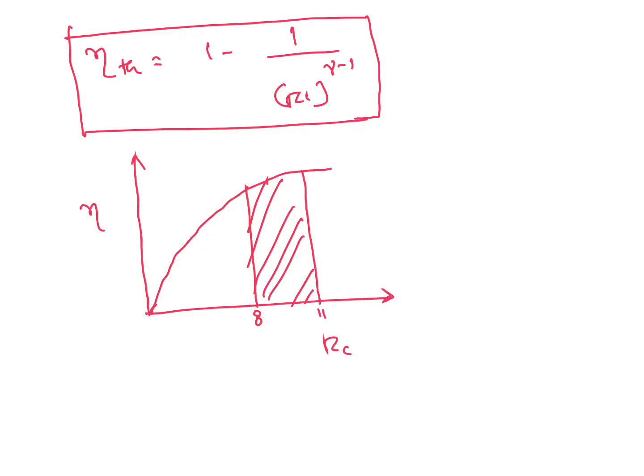If compression ratio increases, then efficiency also increases. From this graph also you can say, if RC increases, then efficiency increases. But due to knocking, we keep it in between 8 to 11.